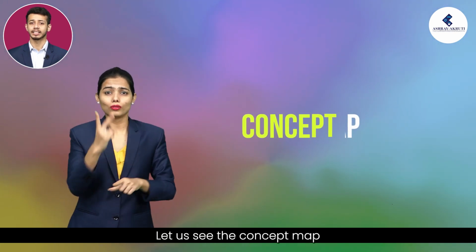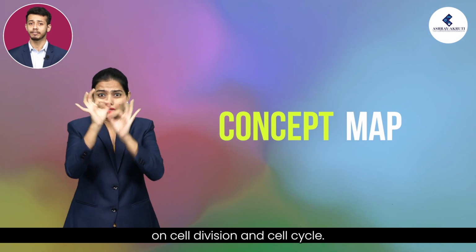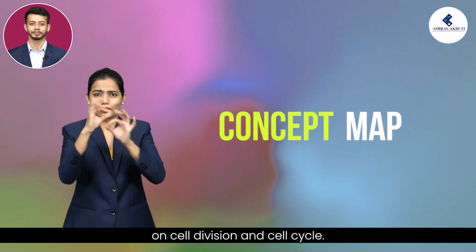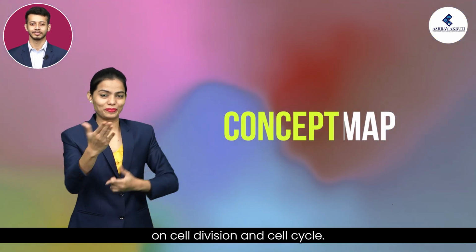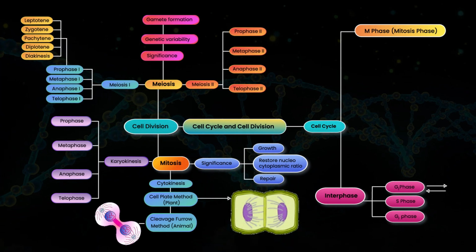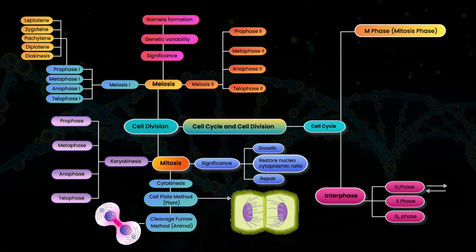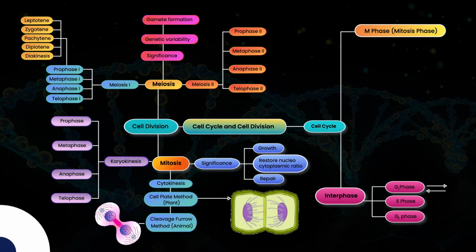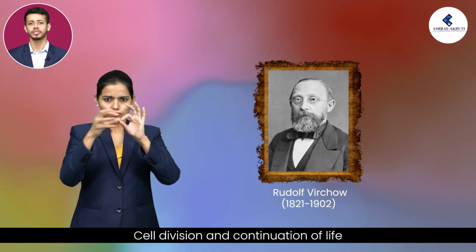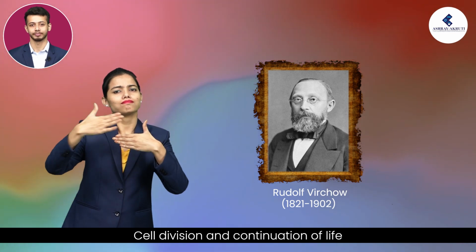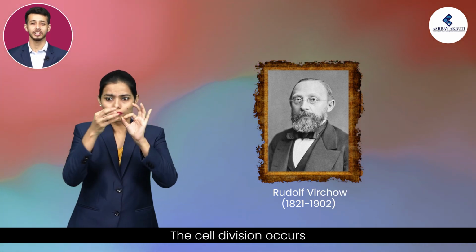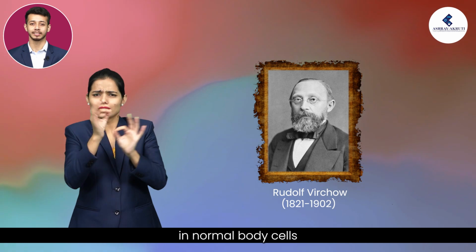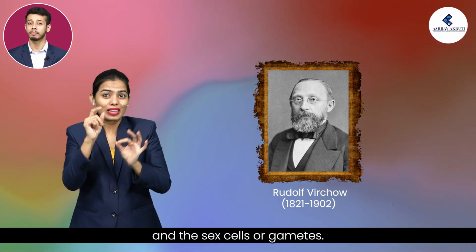Let us see the concept map on cell division and cell cycle. Cell division and continuation of life. The cell division occurs in normal body cells and the sex cells or gametes.